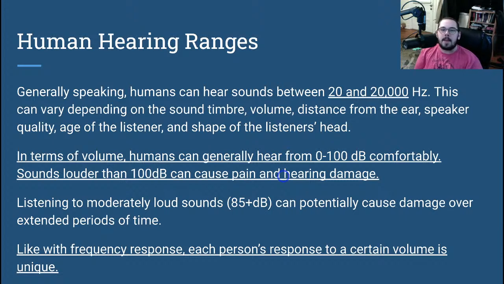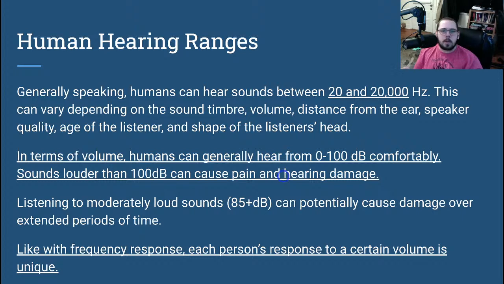Whether it be based on the sound's timbre, the volume, distance from the ear that the sound started at, the quality of the speakers you're listening to, the age of the listener, the shape of the listener's head. All these things can affect the range of frequencies that a person can hear.